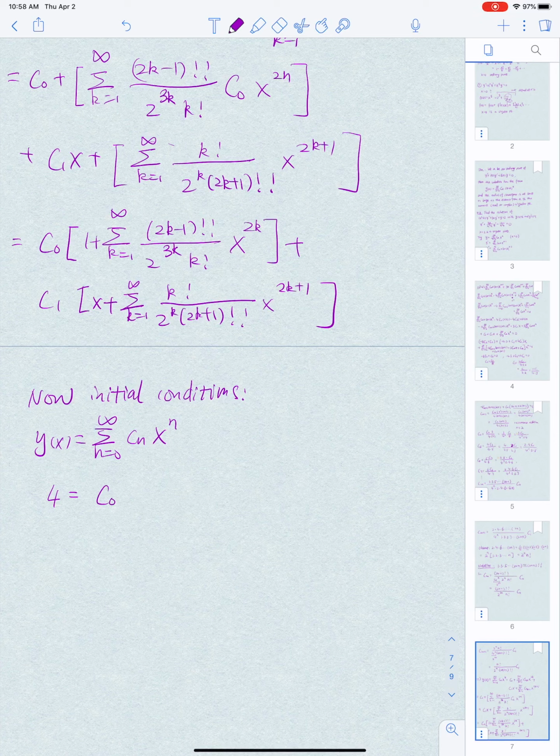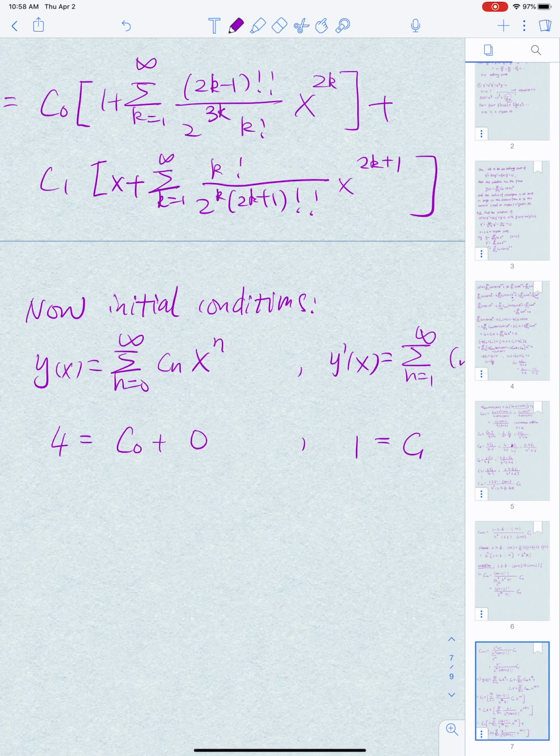So we have C naught plus the rest are 0. So C naught is 4. And then y prime, we are given when x equals 0, y prime is 1. So we know C1 must equal 1. Therefore, our y of x can be solved.